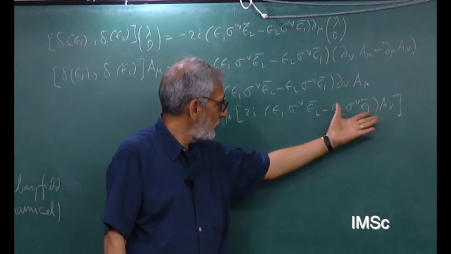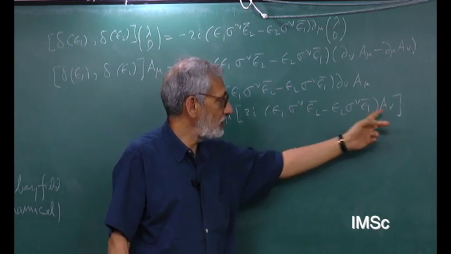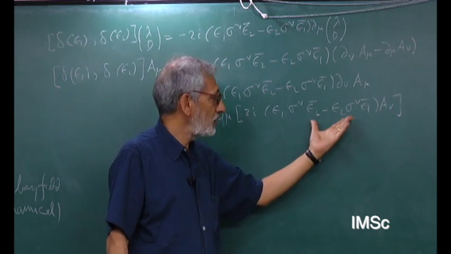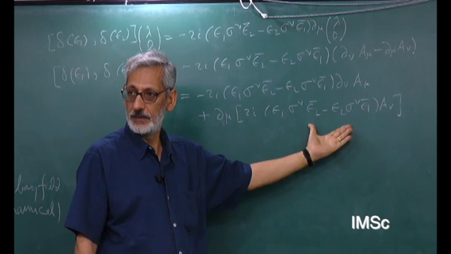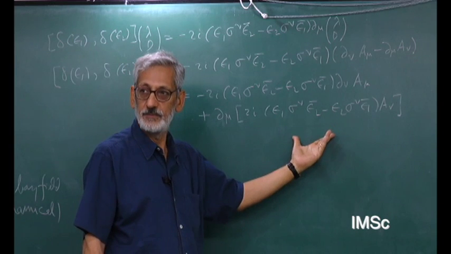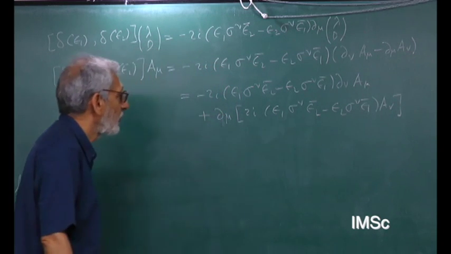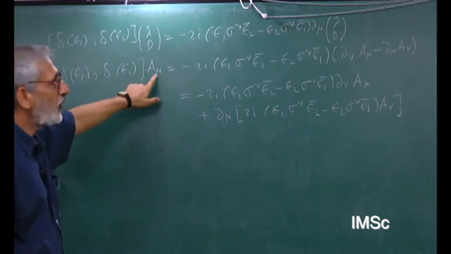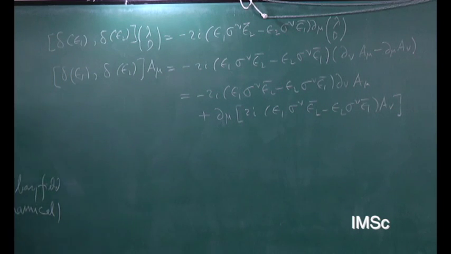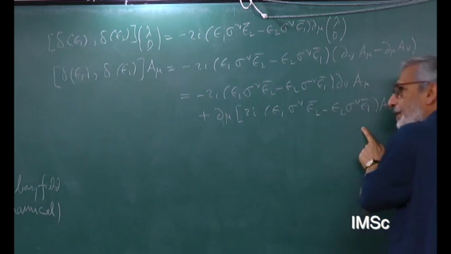And this object is just nu contracted. This is just a scalar function. So this is d mu of a scalar function. So the algebra on A mu with the description that we have given here does close, but up to this point.